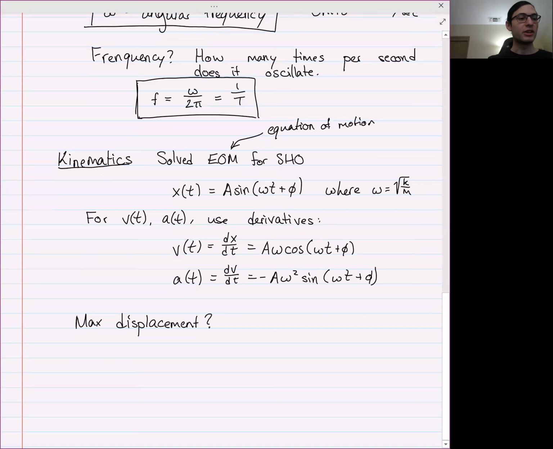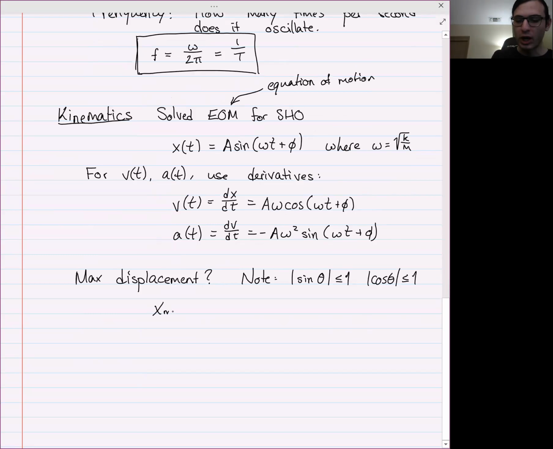The way we would do that is to realize that the absolute value of the sine of theta is always less than or equal to 1, and the absolute value of the cosine of theta is also always less than or equal to 1. And so the maximum of any one of these functions occurs when the sine or the cosine is equal to 1. So in that case, we can just read off the maximum value.